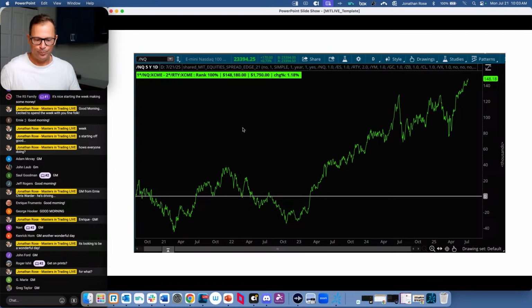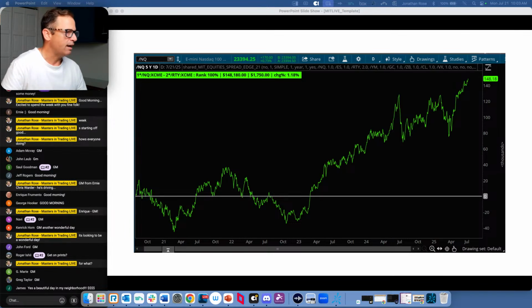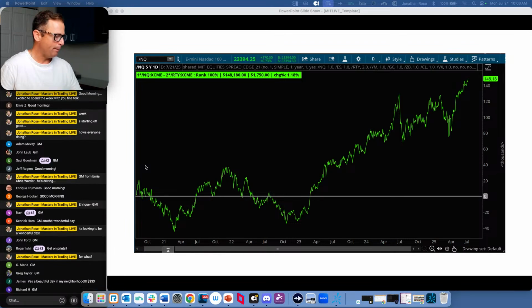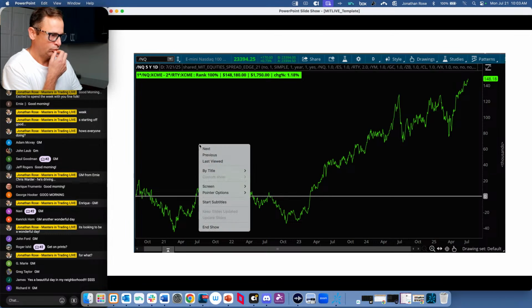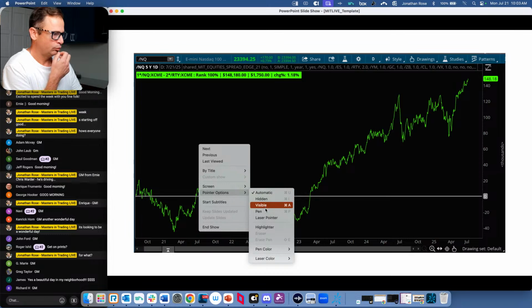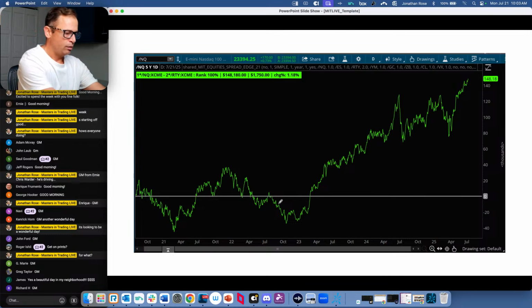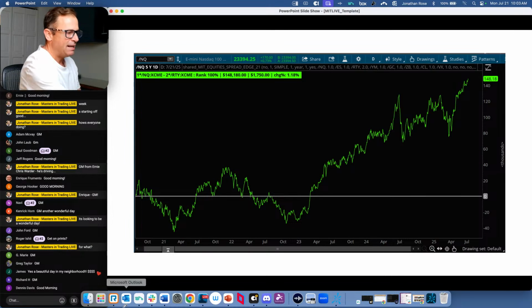I want to start here, because this is the difference between the Nasdaq and the Russell 2000. Okay? So going back all the way for 5 years, let me pull up my pen here. Okay, so does this chart make sense, guys?